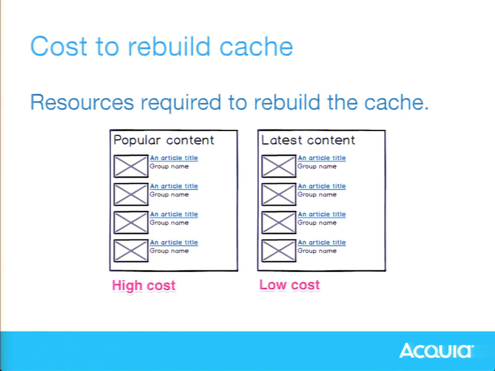That would mean that the popular content block's rebuild cost is high. It's an expensive block to rebuild. Whereas the latest content block is just show me the latest articles on the site. That's a very simple thing to ask Drupal to do. So the rebuild cost for that block is low.